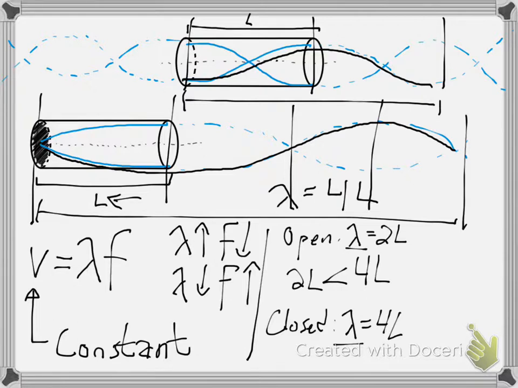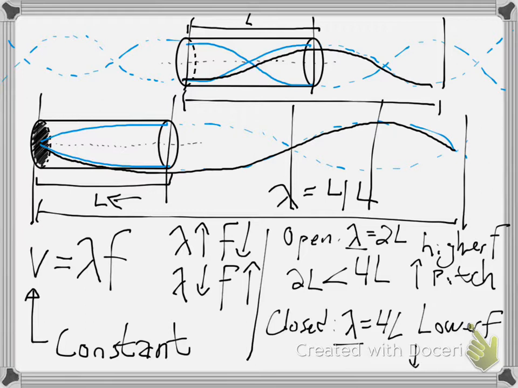And just as before, a smaller wavelength means we have a higher frequency, and therefore a longer wavelength will have a lower frequency. And of course we know that when it comes to frequency and pitch, pitch is just what our ear perceives. Those are directly correlated. So a higher frequency means a higher pitch, and a lower frequency means a lower pitch.